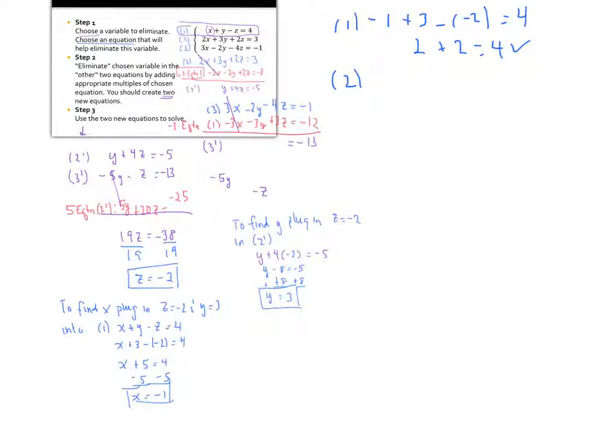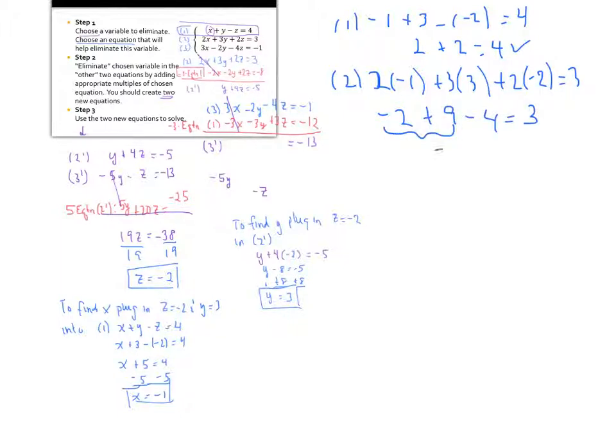Equation 2 is 2 times -1 plus 3 times 3 plus 2 times -2, and we're supposed to get 3. Again, we check: 2 times -1 is -2, plus 9, minus 4 equals 3. Order of operations says do these first, so 7 minus 4 should be equal to 3, and that's true because -2 plus 9 is 7.